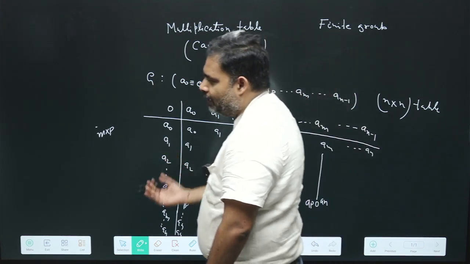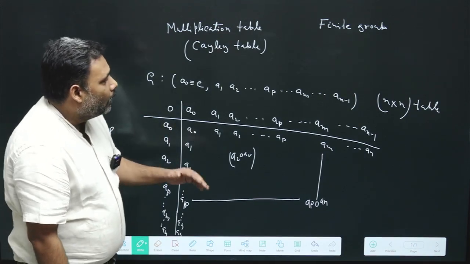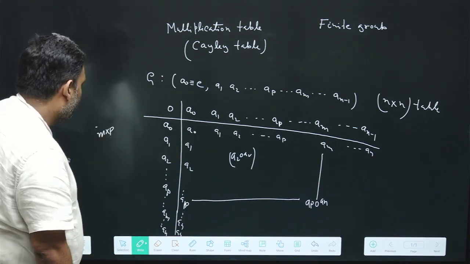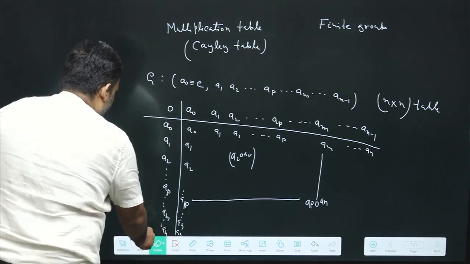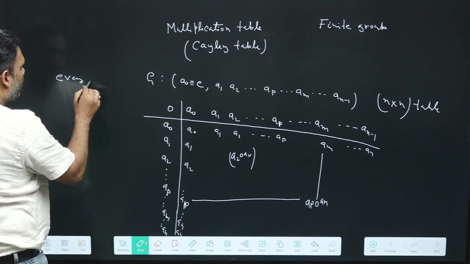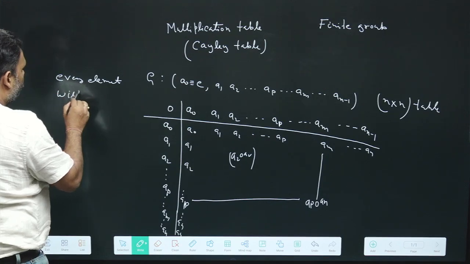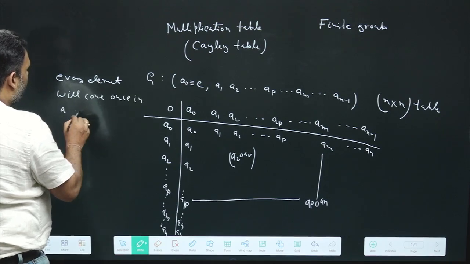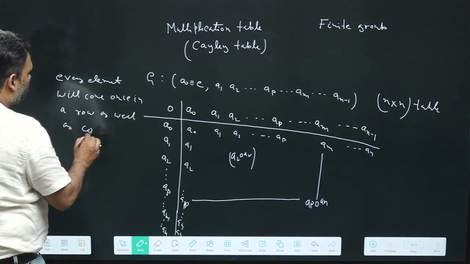This is the way we can represent it, but one should always take care of some more properties. What is the first property? Every element will come once in a row as well as in a column.